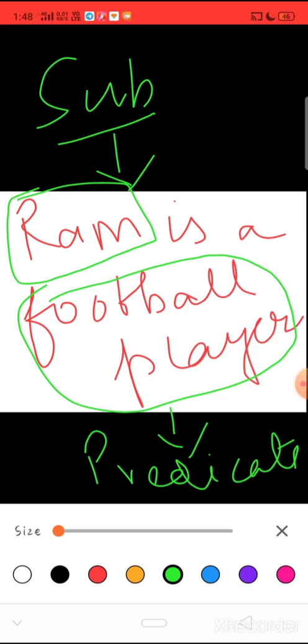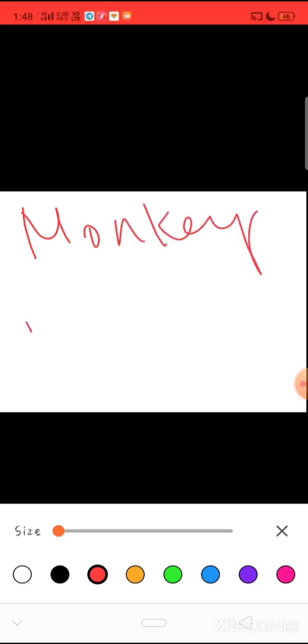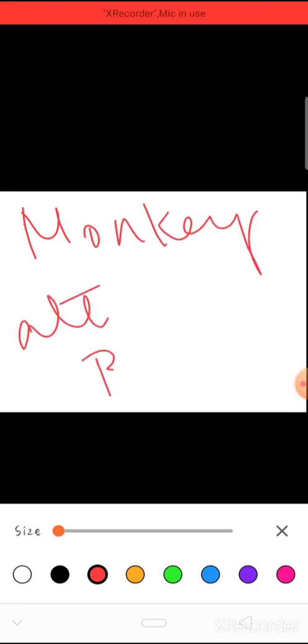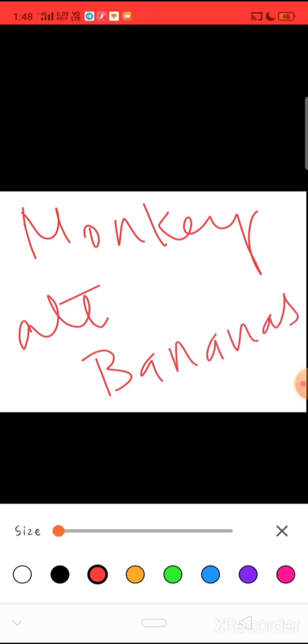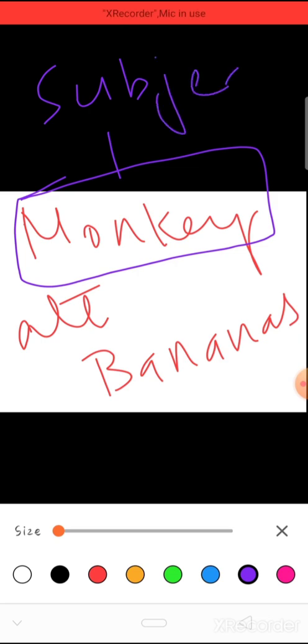Now let us see one more example. The next example is: monkey ate bananas. So here we are talking about the monkey. So he becomes the subject in the sentence.